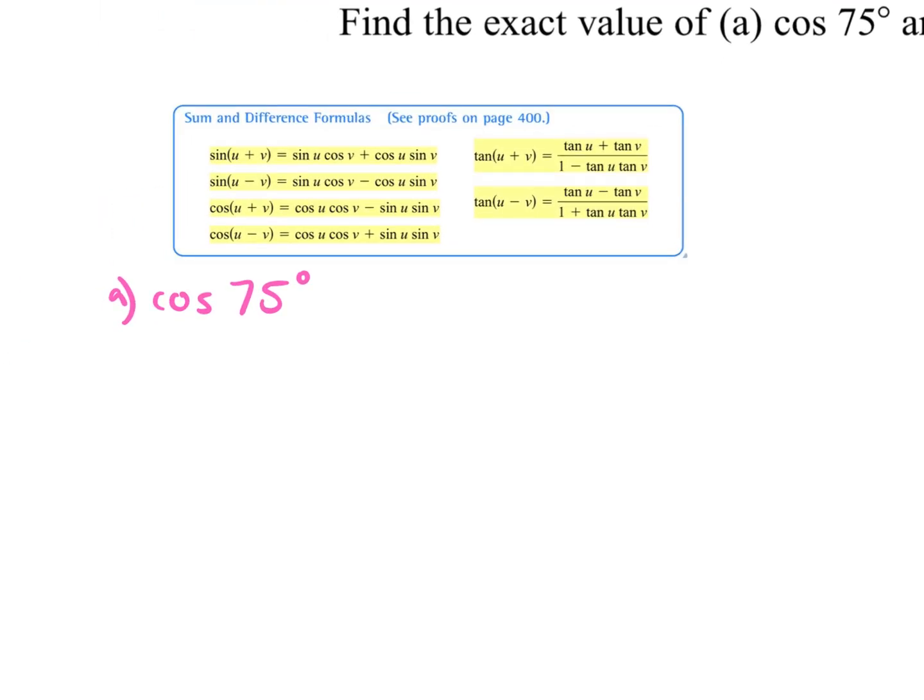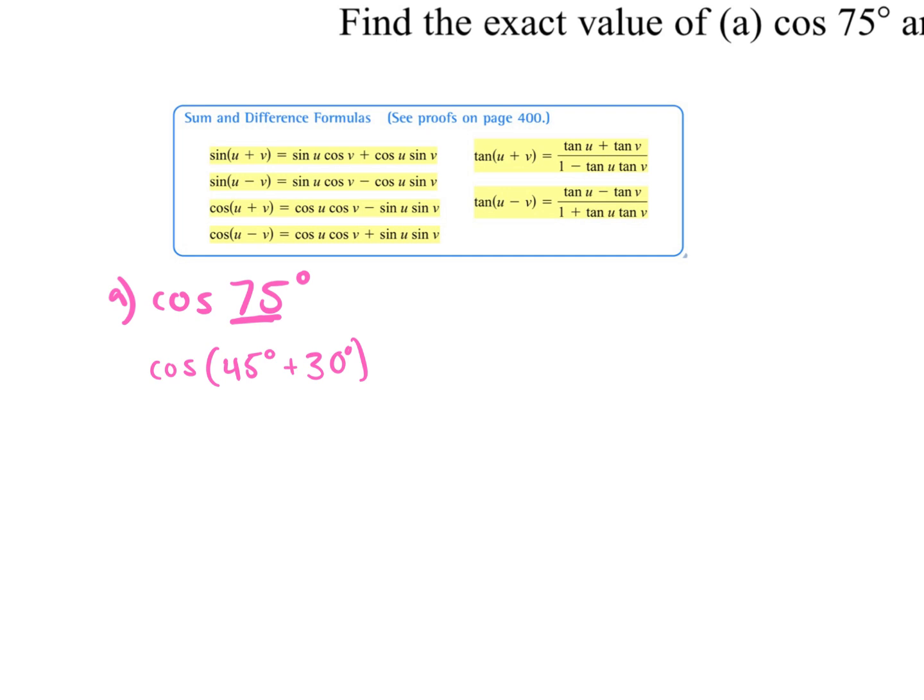Which two angles on our unit circle will either add or subtract to 75 degrees? Something less 45. 45 and 30, perfect. So this is like saying cosine of 45 degrees plus 30 degrees.